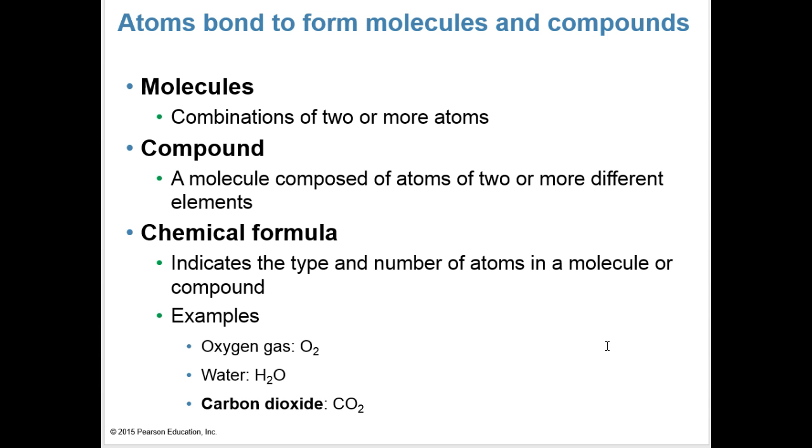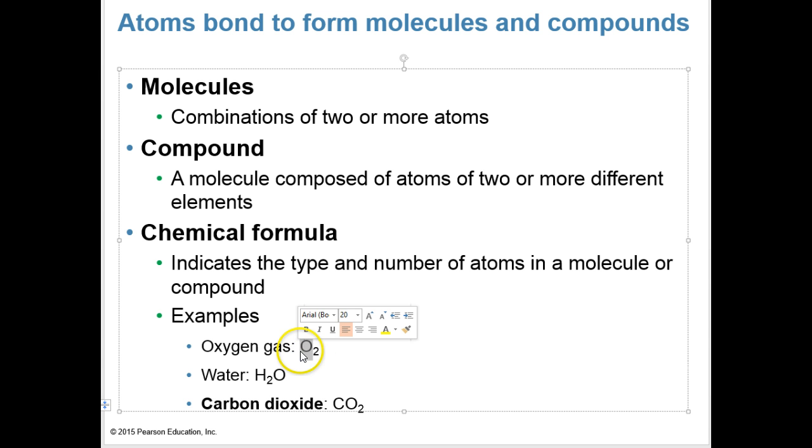H2O and O2 and CO2 are the chemical formulas of those molecules or compounds. The chemical formula indicates the type and the number of atoms in a molecule or a compound. For instance, with oxygen, we put its symbol O and then a 2 behind the O to show that there's 2 atoms of oxygen in O2.